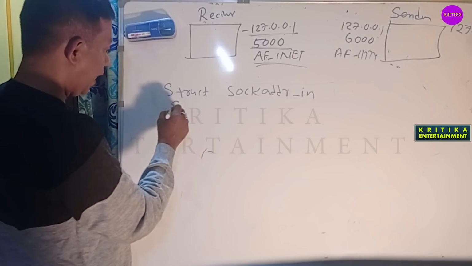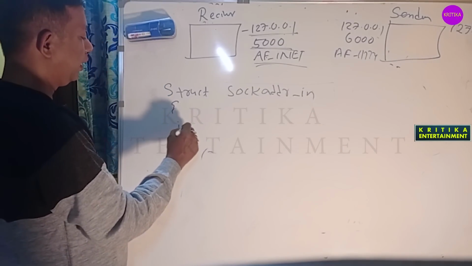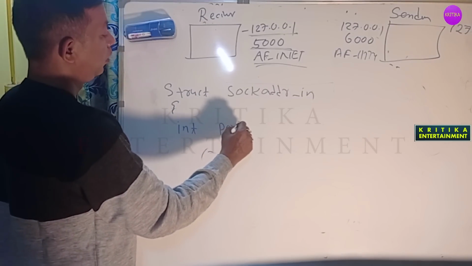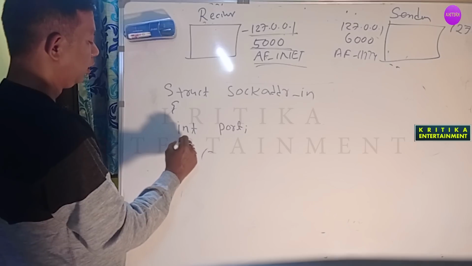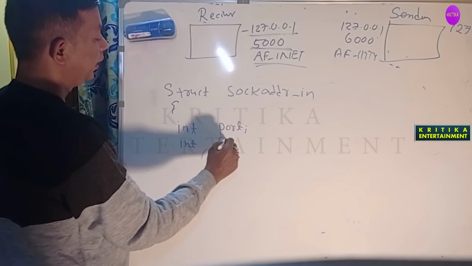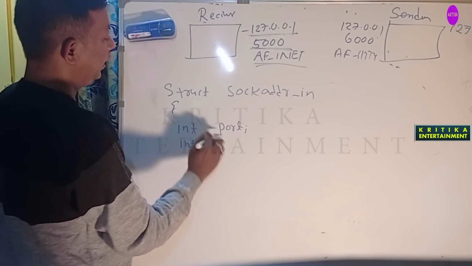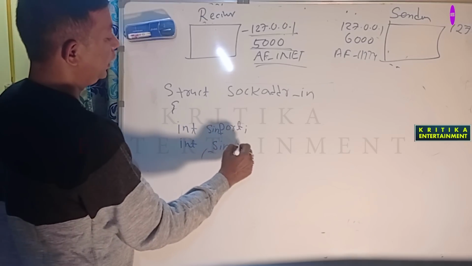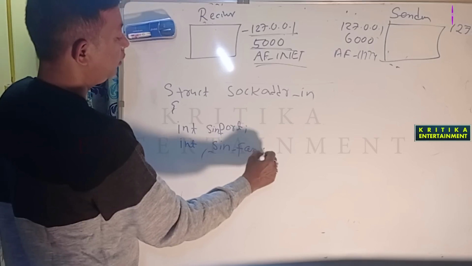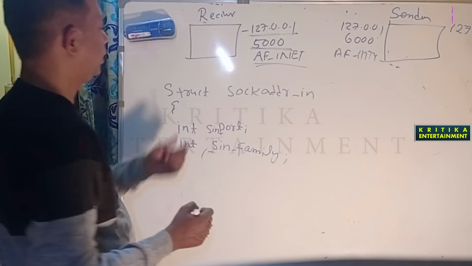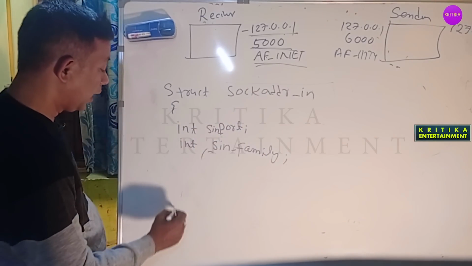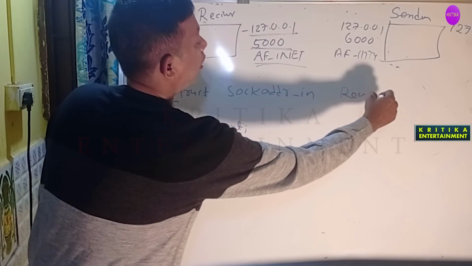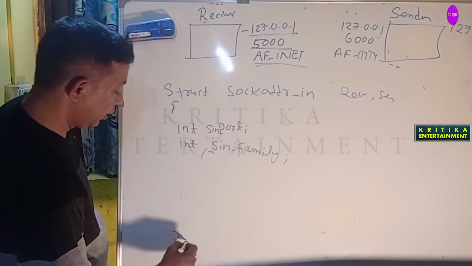Then here it will start, I will write here, suppose int port, int sin_port, int sin_family. This is the data member. And what is that variable name? I have declared receiver or sender. So here write the receiver.